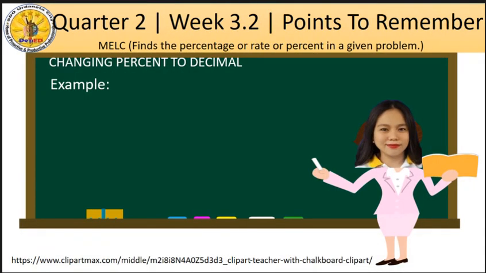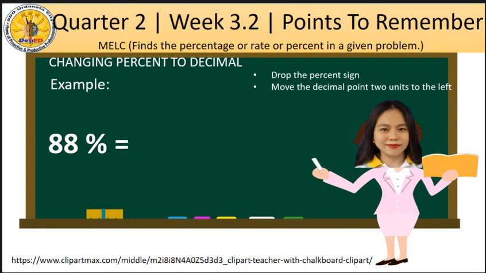Now, let's have an example. Convert 88% to decimal. Remember to drop the percent sign and move the decimal point 2 units to the left. And we have 88 hundredths.